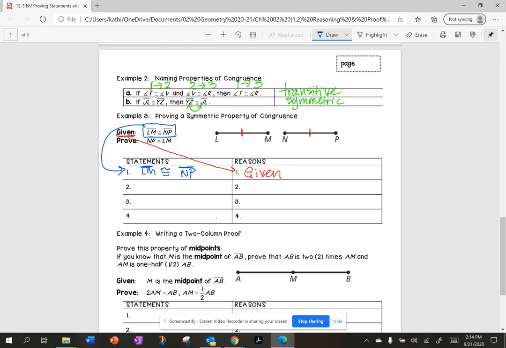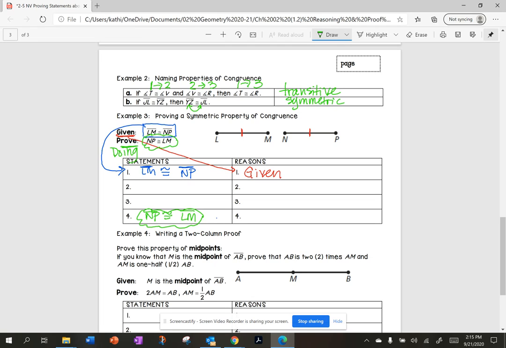And then I am trying to prove, this is what I'm doing. I never say the word prove as a reason. This is what I'm doing. So I'm trying to prove that segment NP is congruent to segment LM. So this is what I'm trying to do.